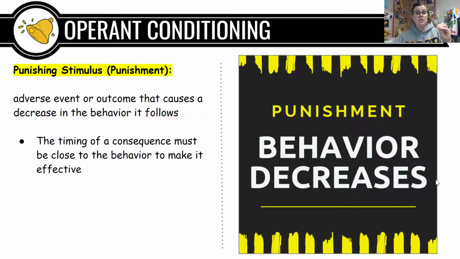When you are talking about a punishment, you want a behavior to stop or decrease. Think about how some of your parents might have disciplined you. Was there reinforcement or was there punishment? Punishment doesn't always have to be super negative. Punishment is just trying to get a behavior to stop.